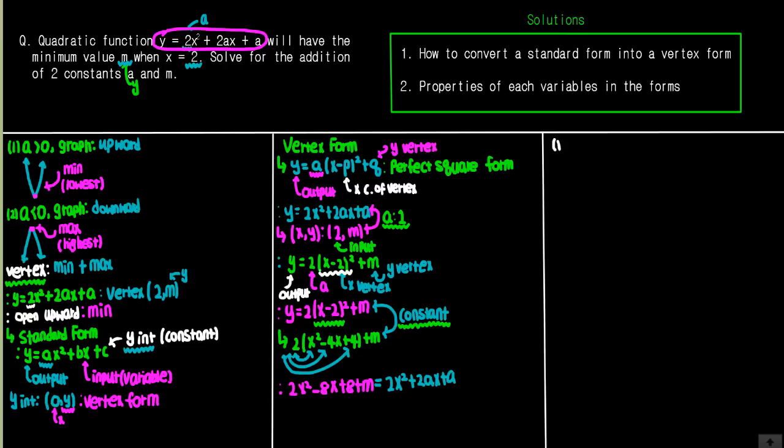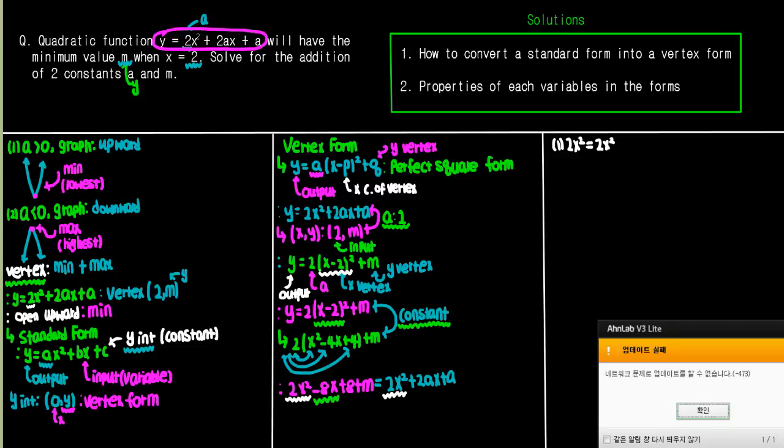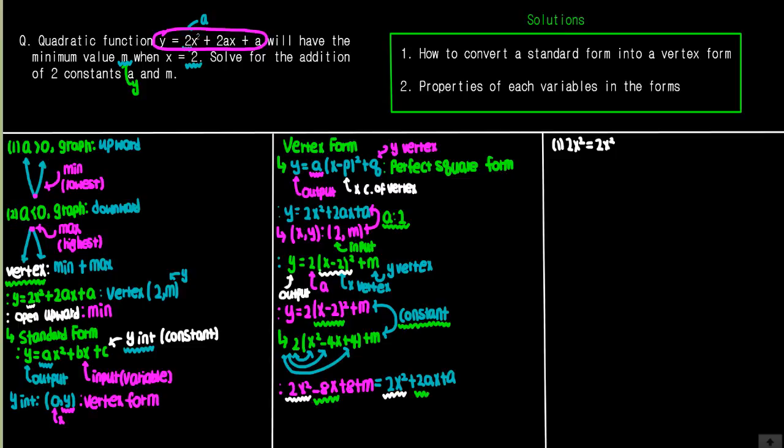So first of all, 2x squared is equal to 2x squared, which means all of them are the same. Here is 2x squared, and here is also a 2x squared. And now there is another one. Secondly, the second piece of information that we're given is negative 8x is the same thing as positive 2ax.